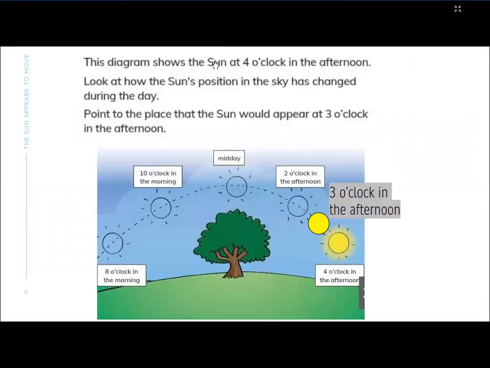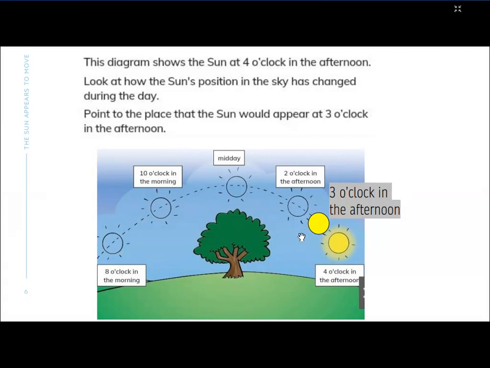This diagram shows the sun at 4 o'clock in the afternoon. Look at how the sun's position in the sky has changed during the day. Point to the place where the sun would appear at 3 o'clock in the afternoon. So we have here 8 o'clock in the morning, 10 o'clock in the morning, midday, 2 o'clock in the afternoon, and here will be 3 o'clock in the afternoon.